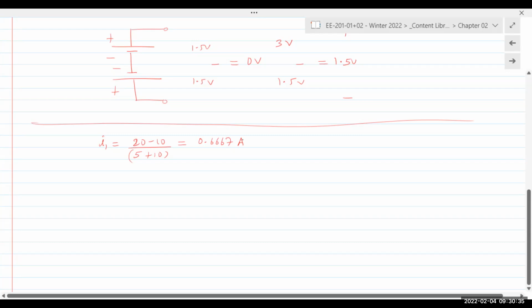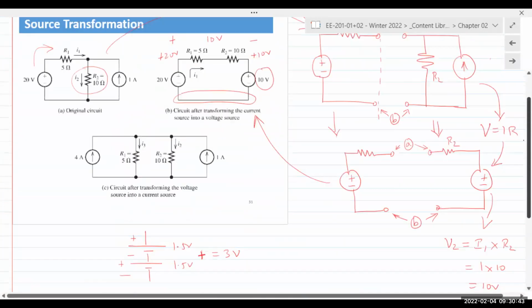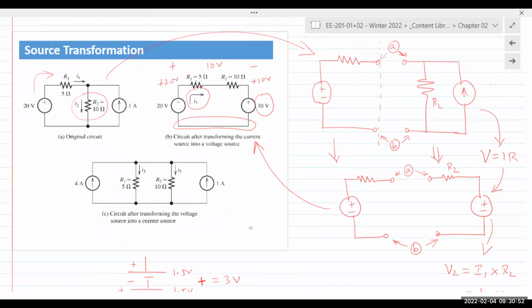And now if you want to find I2 in the original circuit, we can simply apply KCL. So remember I said I1 hasn't changed. I1 is still the same, right? Because the left side of the circuit has not changed. You still have a resistor, you still have a voltage source. We simply transform the right side of the circuit in order to facilitate our calculations.